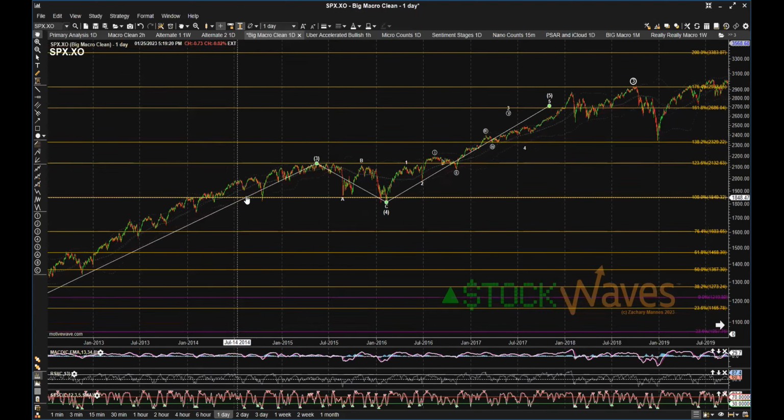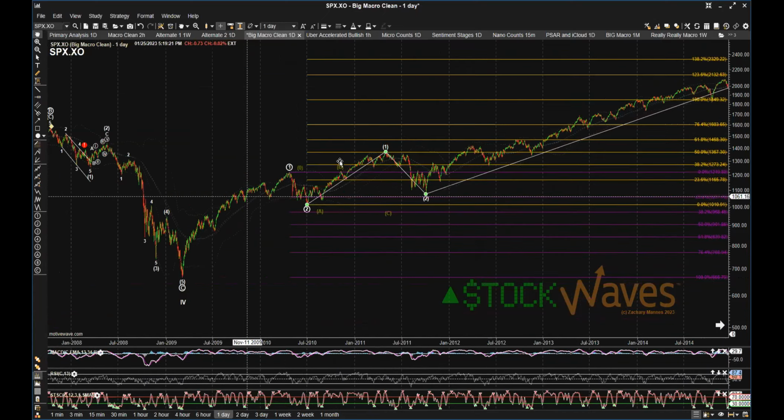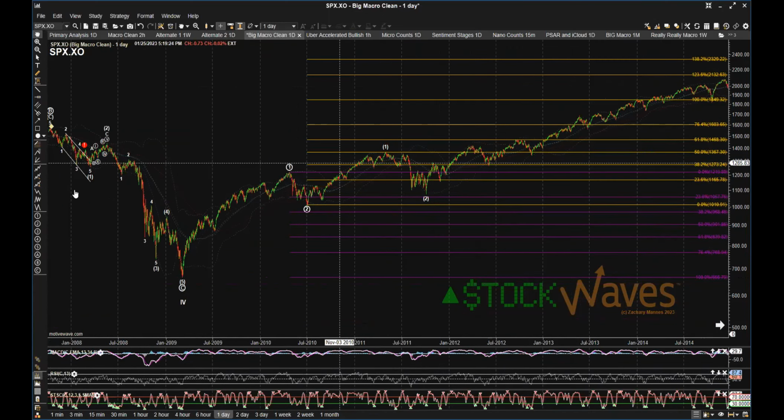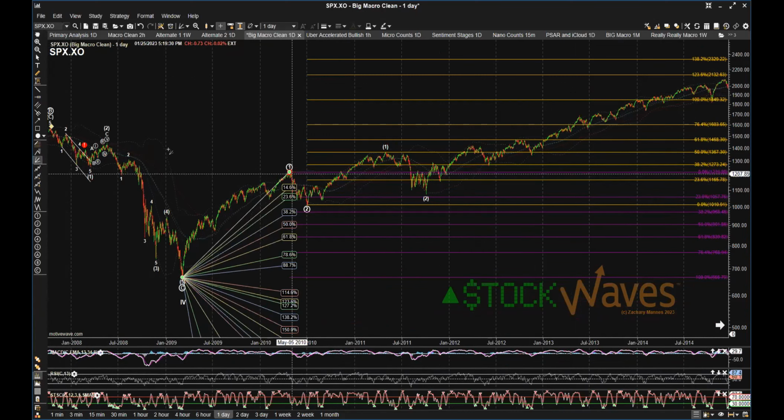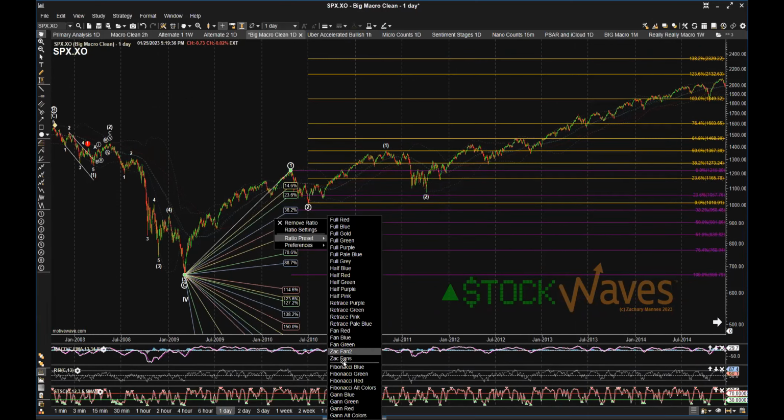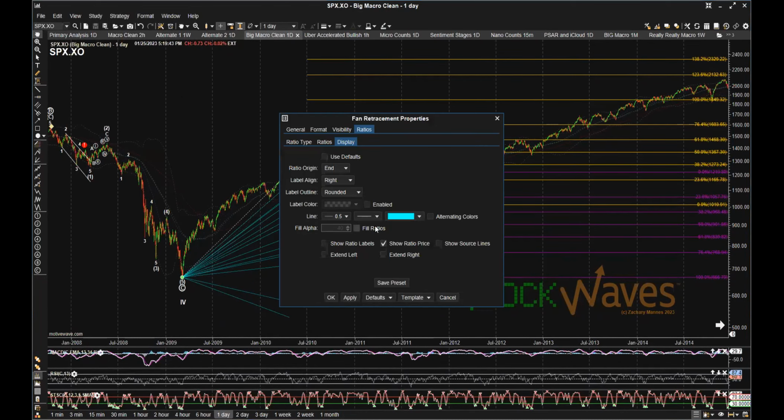A couple of other tools that you'll see on a lot of the charts that I post, before we get into going through the rest of that pattern, is one of the things that I like to use: Fibonacci fans. These help provide an element of timing and of momentum, different than just a regular channel for price to follow.